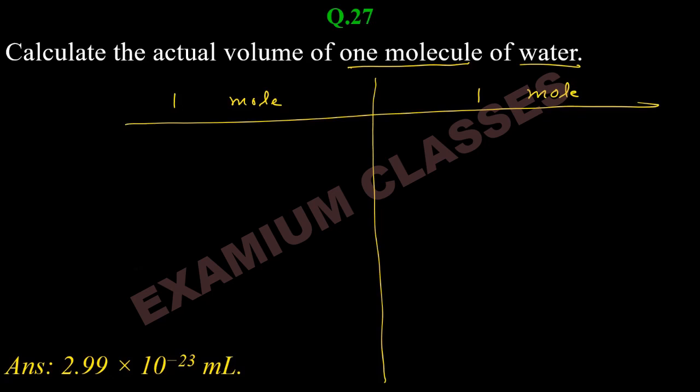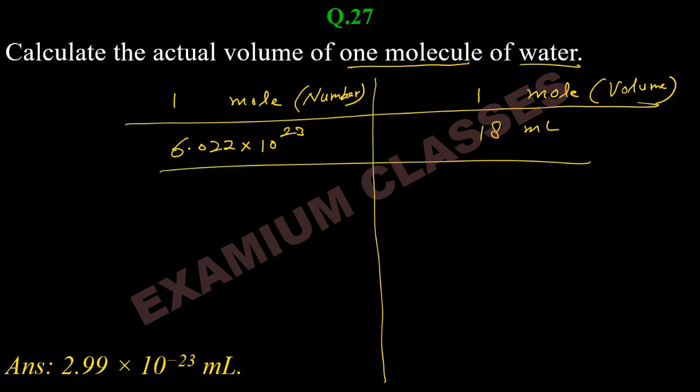But 1 mole in numbers and 1 mole in volume. 1 mole in numbers will be 6.022 into 10 power 23. 1 mole in volume will be 18 gram. 18 gram equals 18 milliliter. So that's simple. It means these two are equal. If these two are equal, now you can apply the unitary method. 6.022 into 10 power 23 molecules have volume 18 milliliters. So one molecule will have 18 divided by 6.022 into 10 power 23. Get answer.